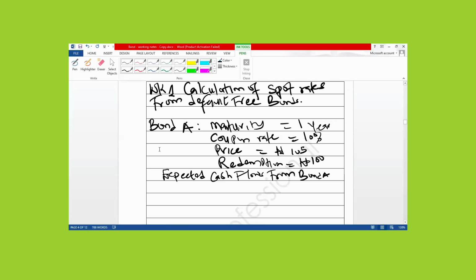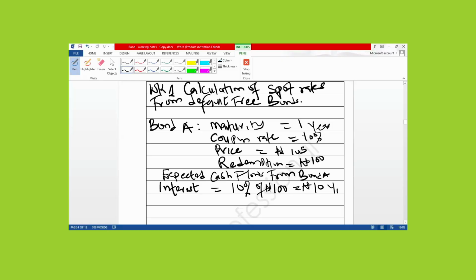Expected cash flow from bond A. You have interest in year one, 10% of the nominal value. Face value is 100 naira. That will give me 10 naira in year one.